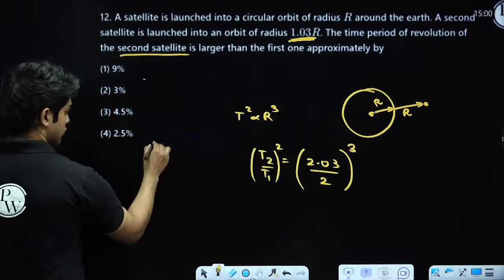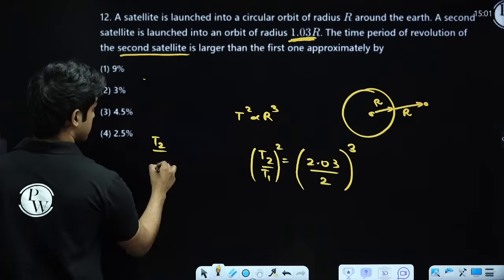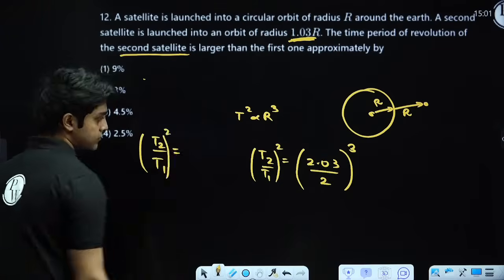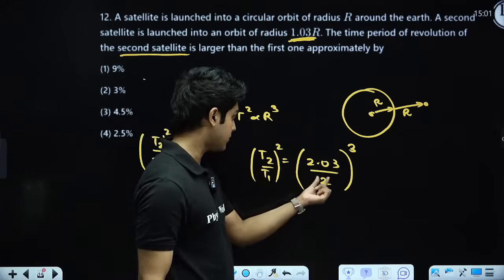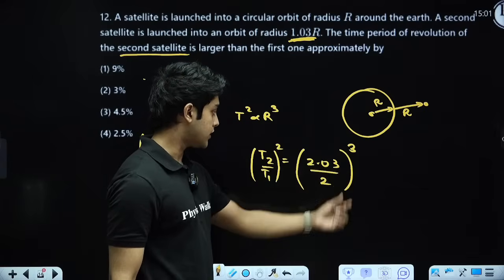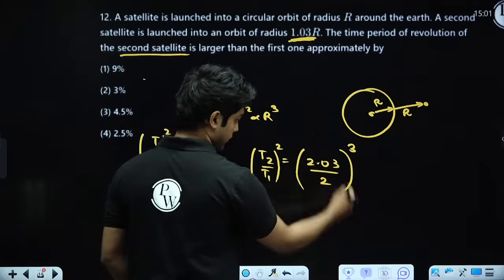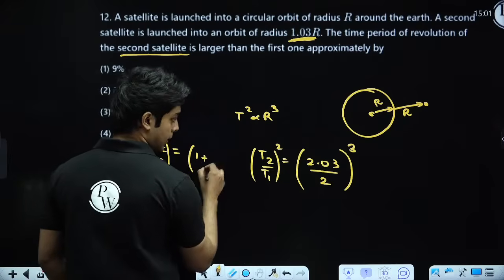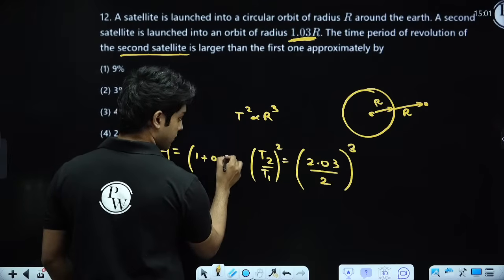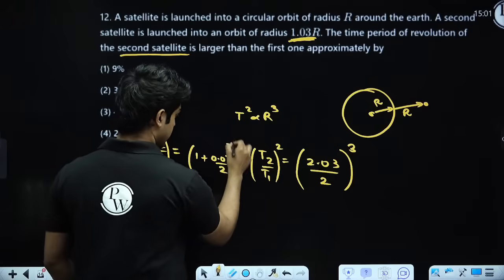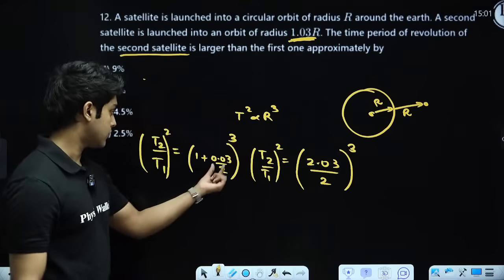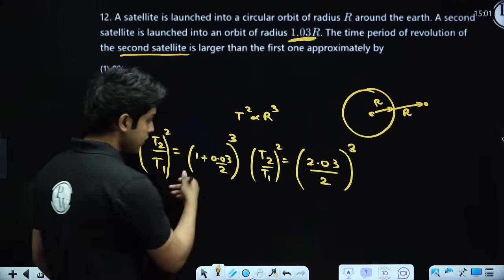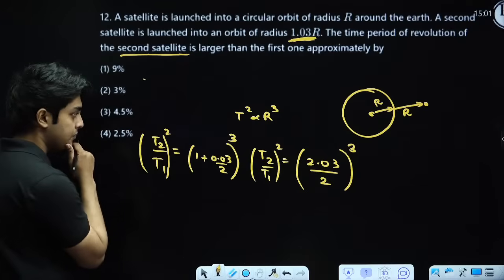Okay. So (T2 by T1) the whole squared. I guess we have to use some binomial approximations here. So 2 plus 0.03 is how we are going to write 2.03, and we are going to divide it by 2. So inside we'll have 1 plus 0.03 divided by 2, and this thing raised to the power 3. So this 0.03 by 2 is a very small quantity, so we can use binomial approximations there.